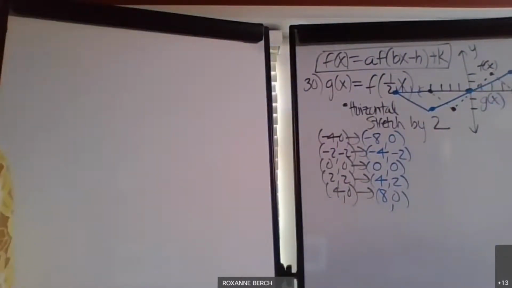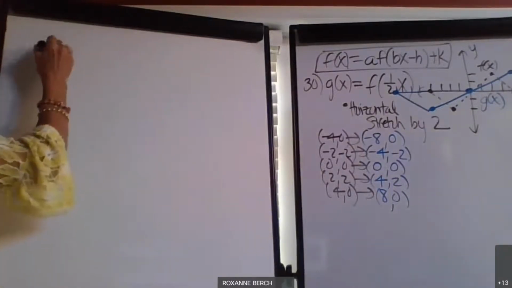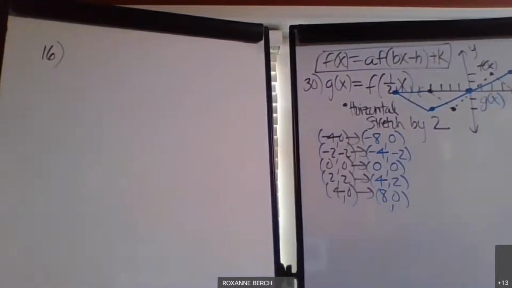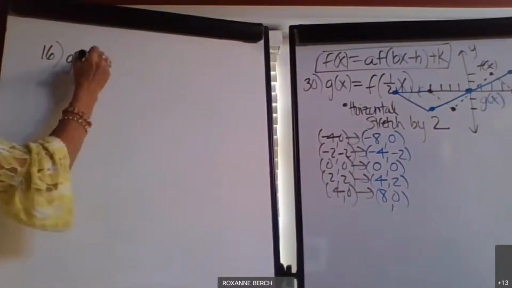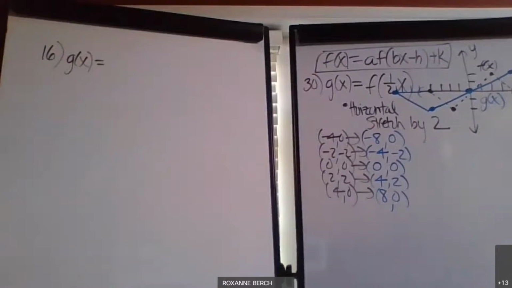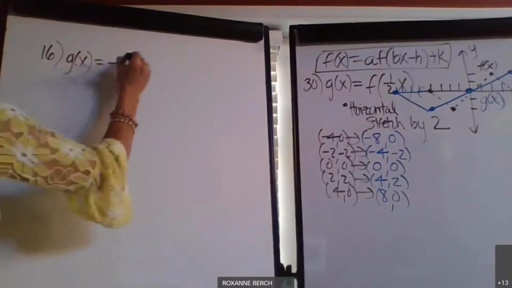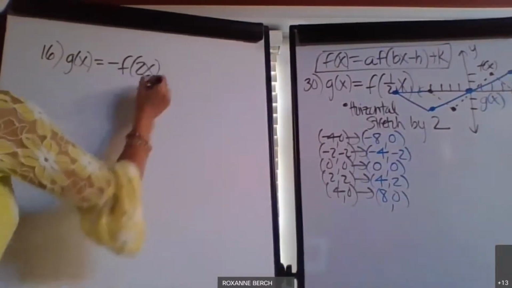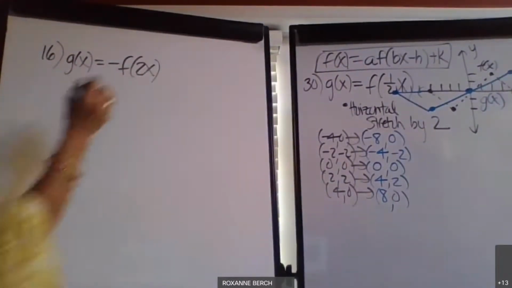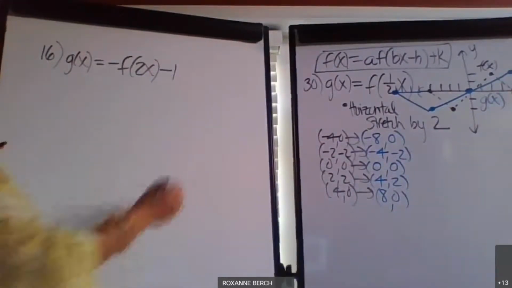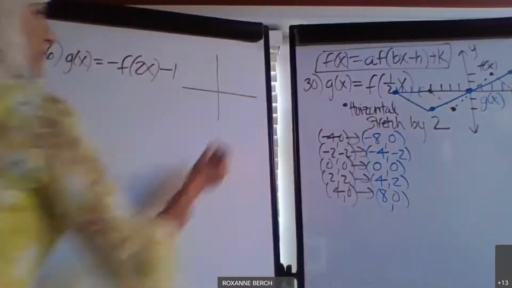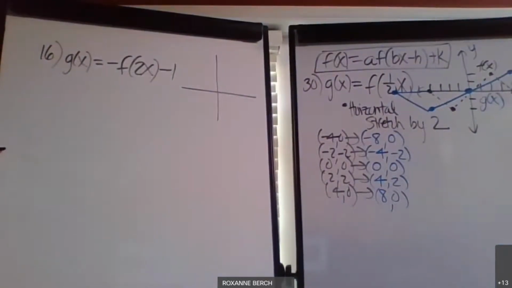Okay, now, do you guys want to do another one? Let's do number 16. Let's do a harder one. So this is a different graph, and it's giving this. This graph's different. We do not have a parent for it, but it is a function.